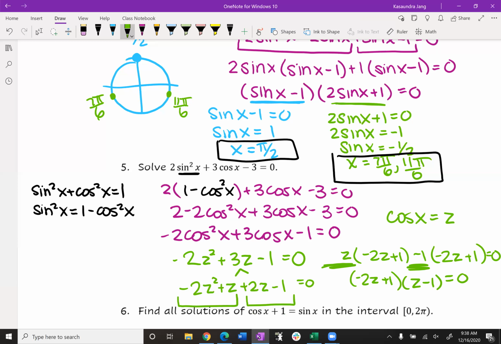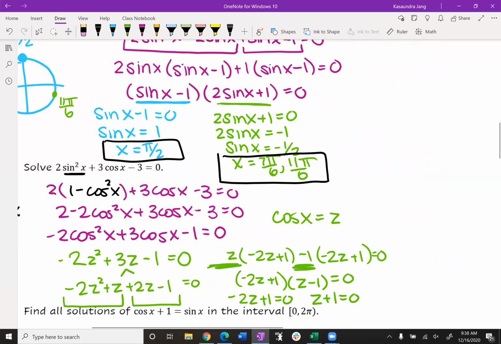All right, so we've got our factors, which you can set equal to 0. But keep in mind what my z is representing for me. My z is a cosine of x. So this is pretty much telling me, I'll turn this into cosine again.